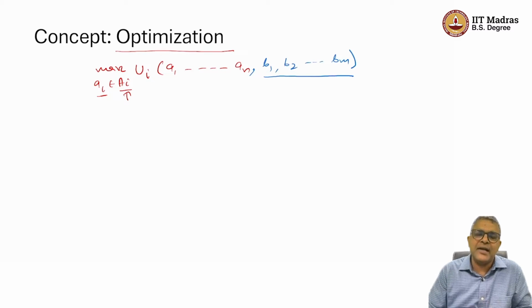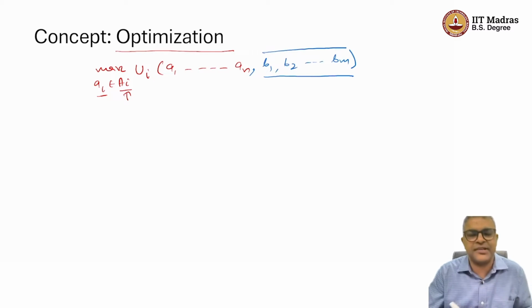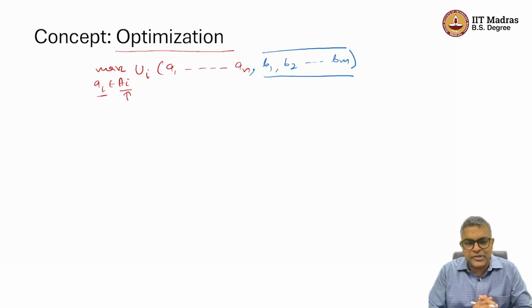If you have done managerial economics with me, you must have seen such optimization, and these parameters are typically fixed there. If you have not, no problem. The simple thing is that the agent is trying to maximize his or her payoff by varying the actions that he can take, but the payoff also depends on environmental parameters which he doesn't control, so he takes those as given.